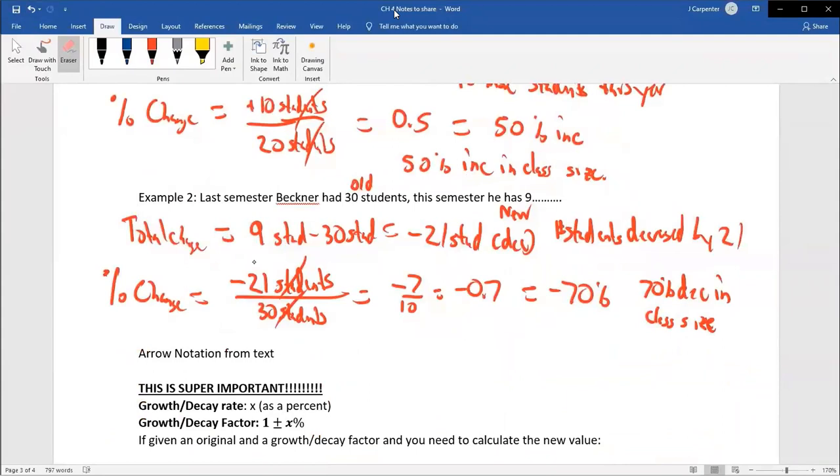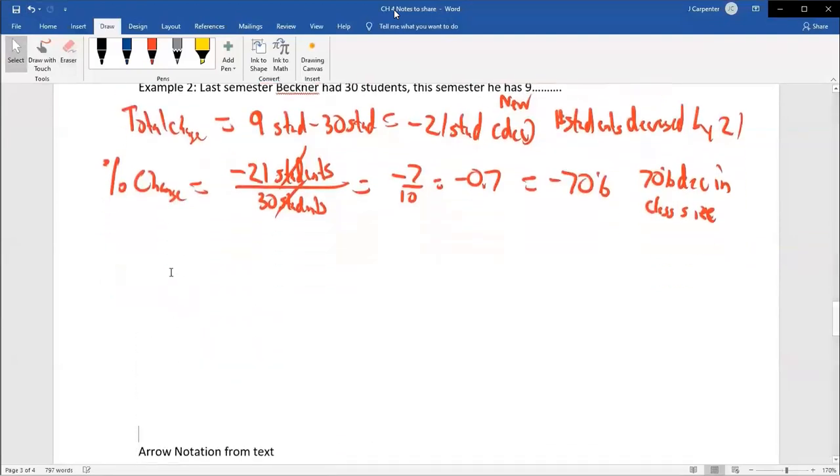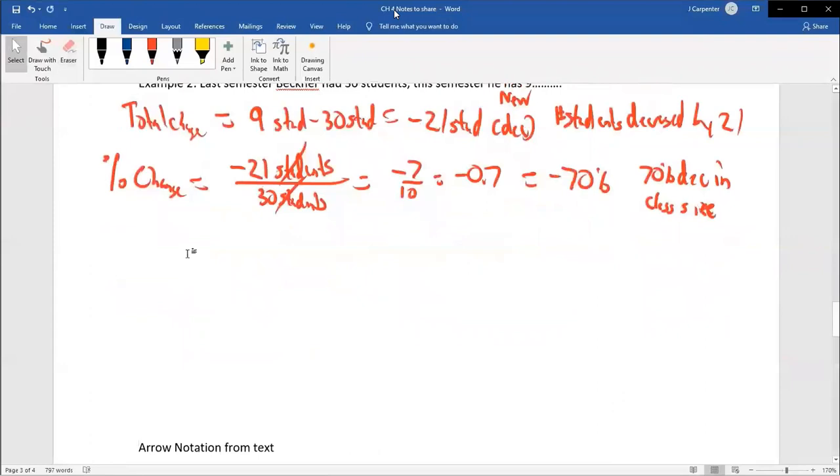Example 3, again, just not sure where my two examples went. I think I have another version of this file somewhere.